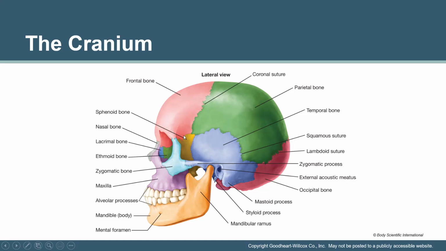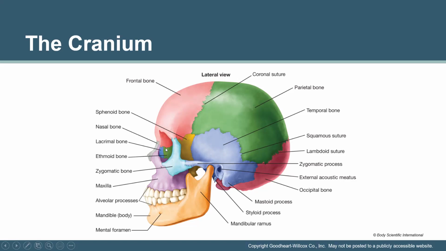Here is one view of the sphenoid bone. Again, that's that butterfly-shaped bone. We're going to get a better picture of it from the internal view of the cranium. We also have a nasal bone. That's your nose bone. We have a lacrimal bone, sort of on the medial side of your orbit.